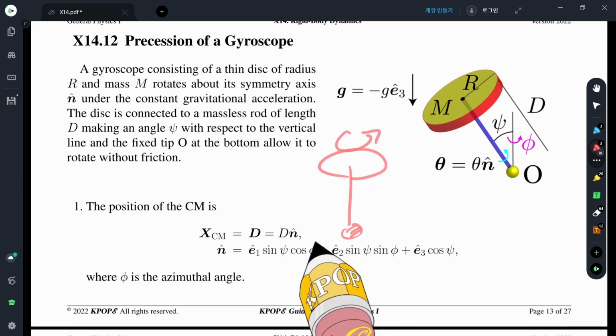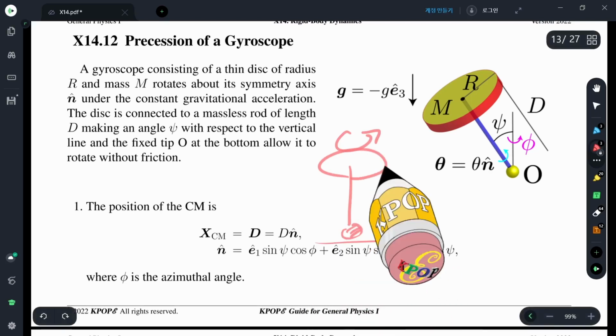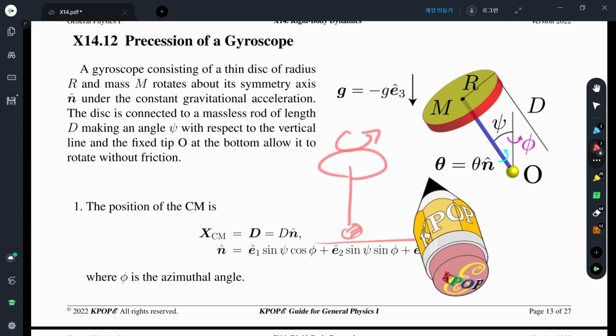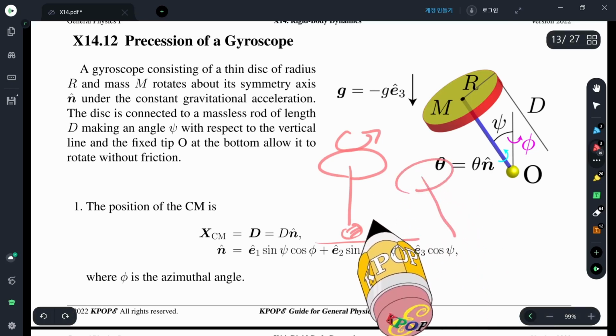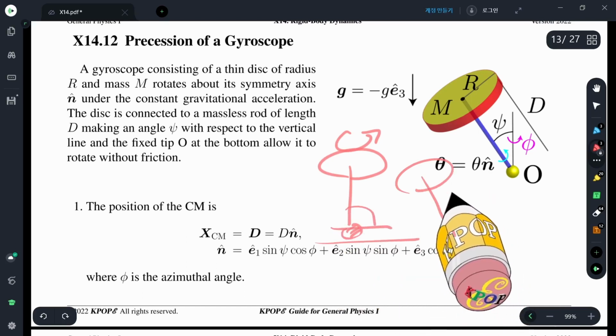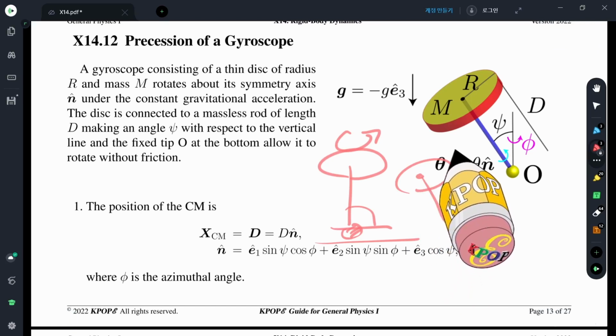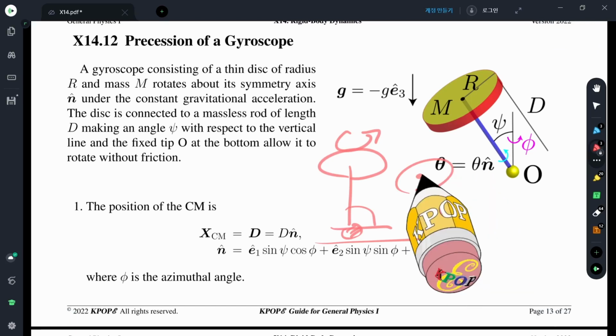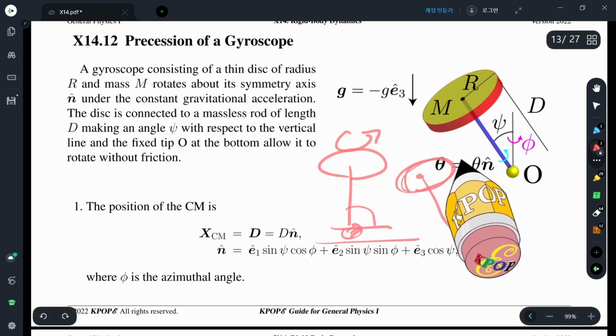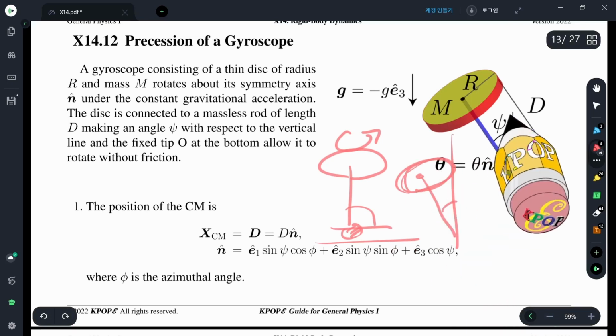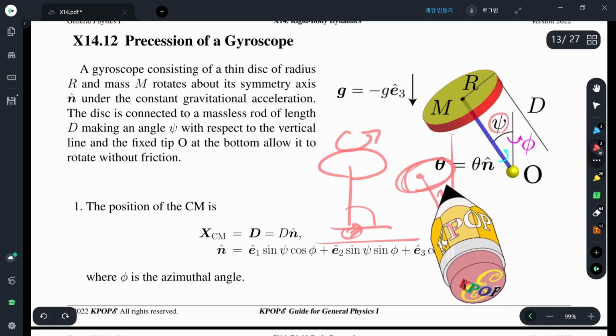And because of some friction, it loses its rotational kinetic energy. And as time goes on, the angle is not right, but it falls down. Not immediately, but it makes an angle.